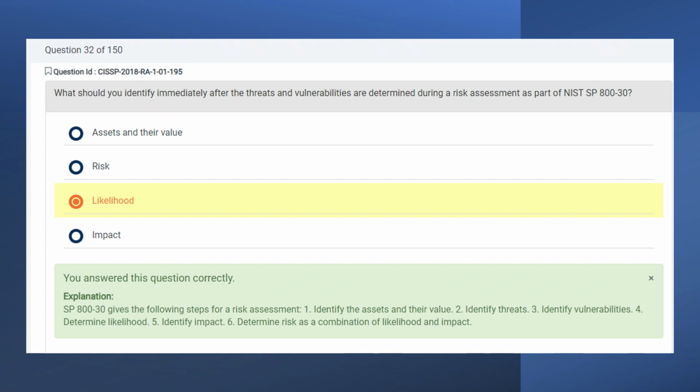Identify the assets and their value. 2. Identify threats. 3. Identify vulnerabilities. 4. Determine likelihood. 5. Identify impact. And 6. Determine risk as a combination of likelihood and impact. So it is important to understand that for risk to exist, there has to be a combination of a likelihood, or a probability, and an impact.